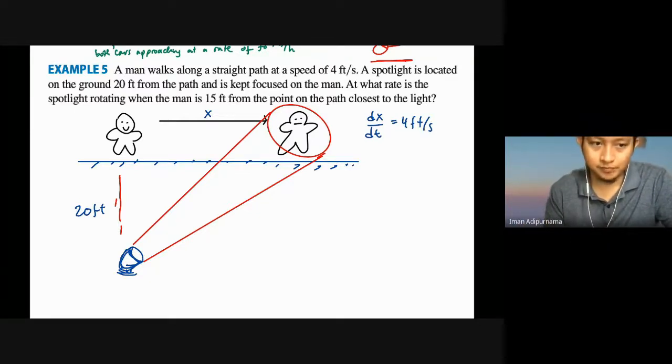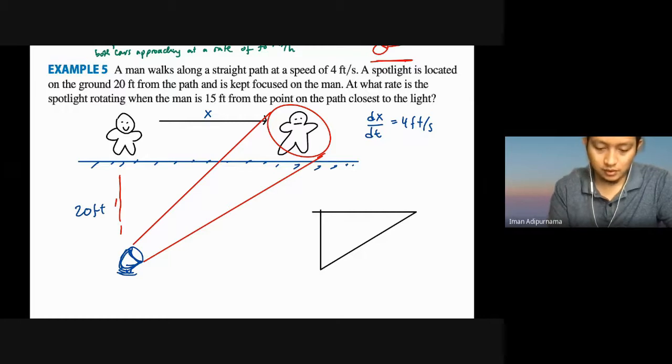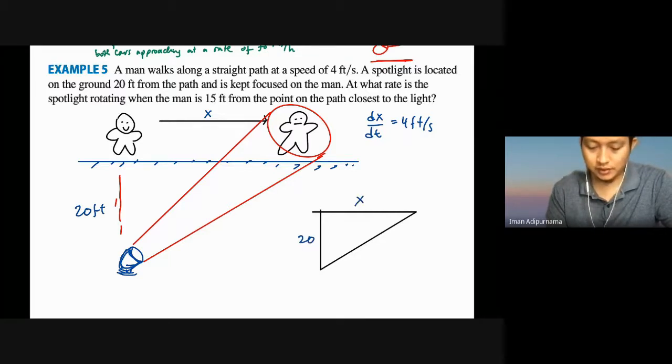That is the speed of the man. Okay. And then because the spotlight is rotating, if we draw a triangle, this is 20, this is x.